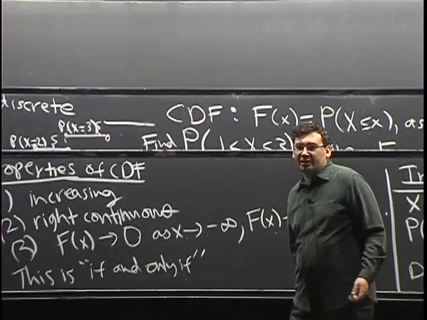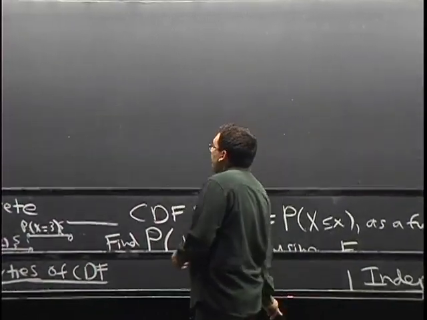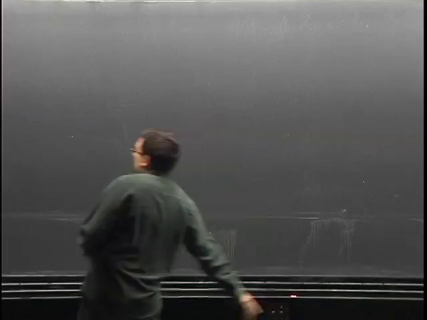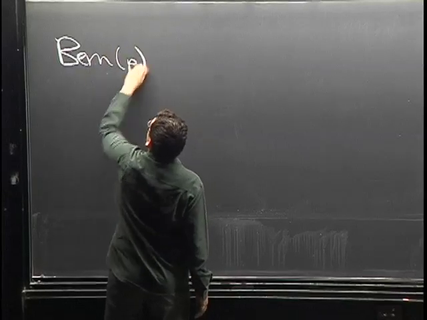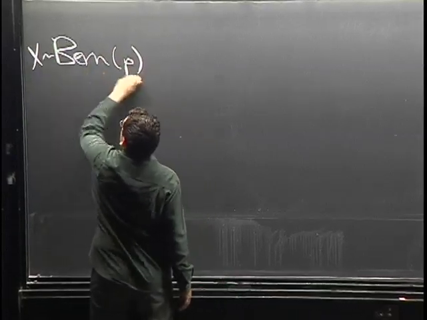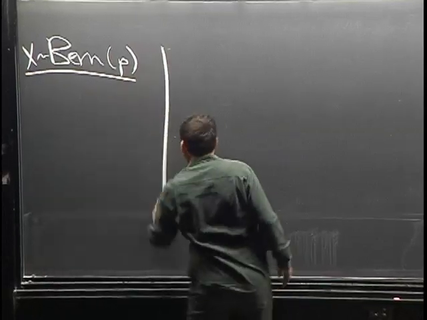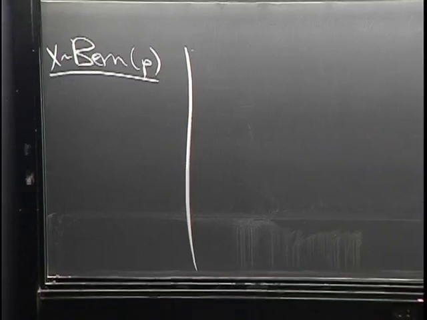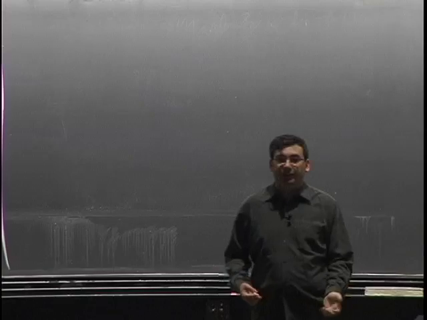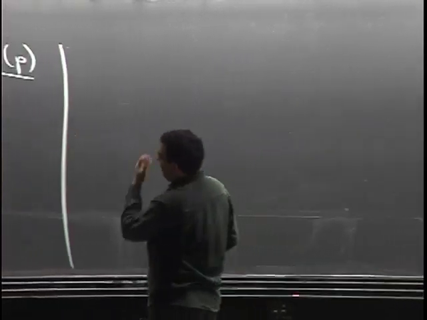The simplest thing we could start with is a Bernoulli. Let x be Bernoulli P. Bernoulli P means x can only equal 0 or 1. So that's very, very easy to deal with. We can do this one very quickly.